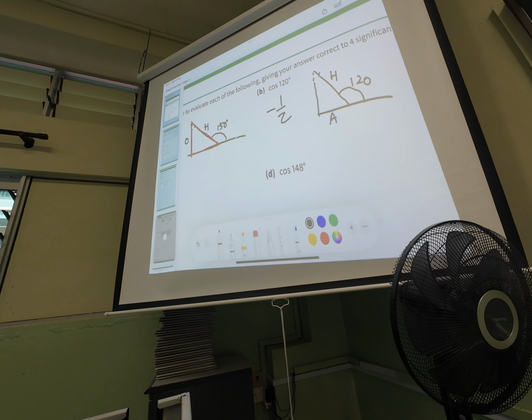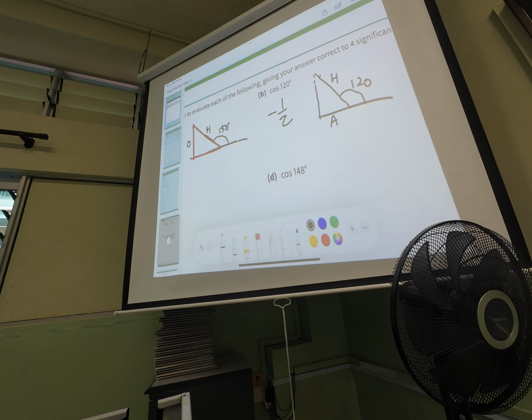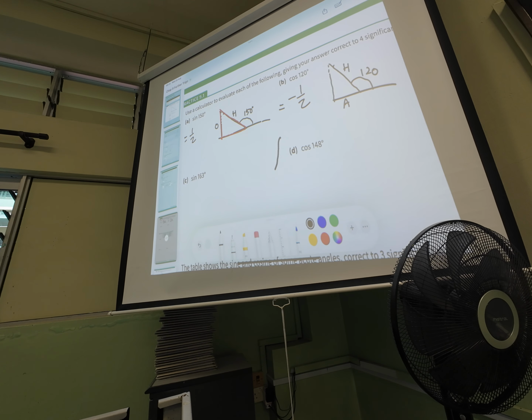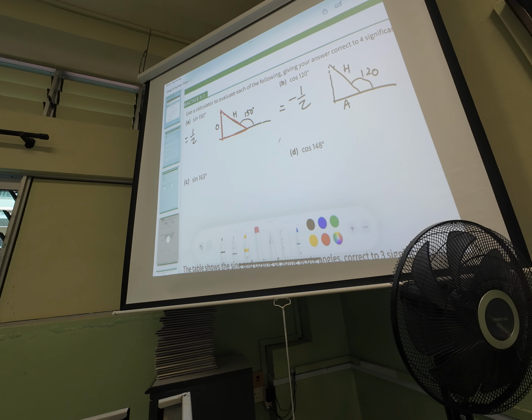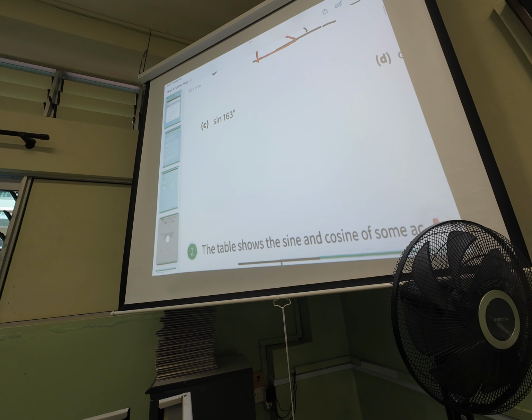That's why your cosine value comes out negative. That is the reason why it is negative. So the rest is just keying into the calculator.